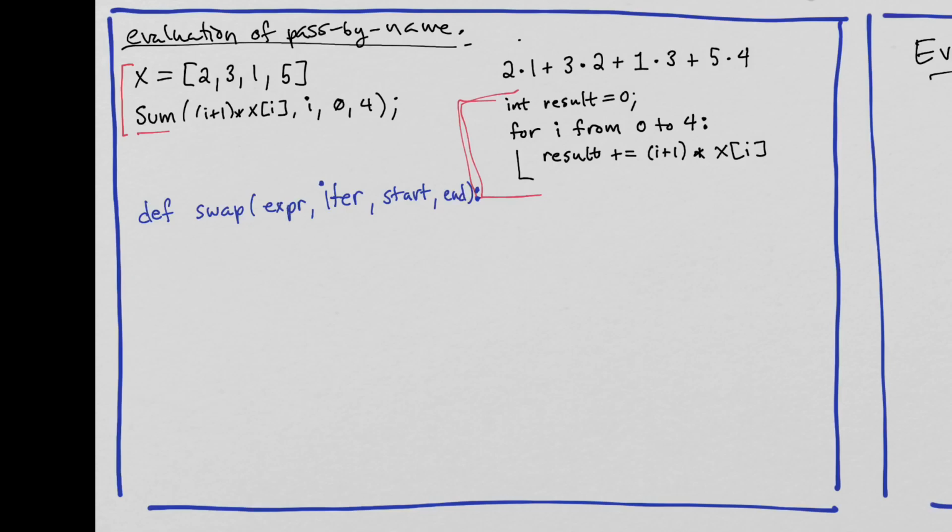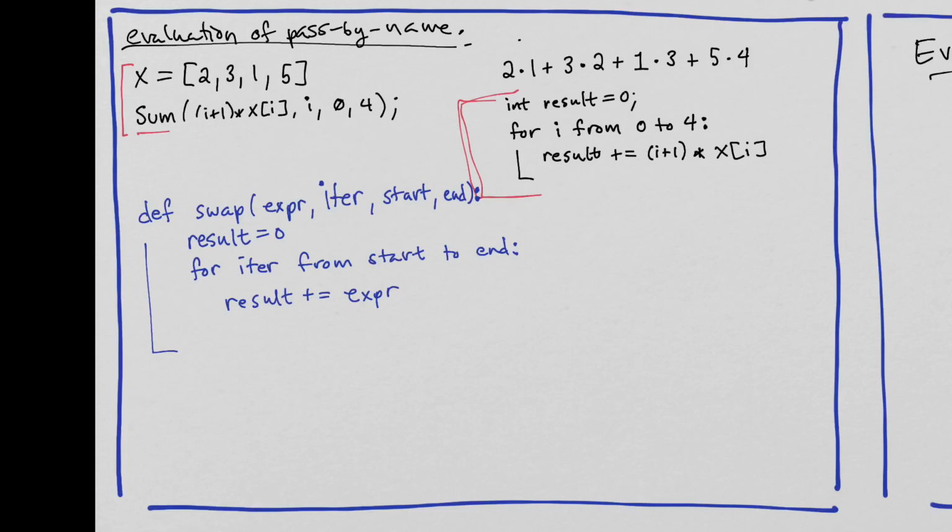It needs to initialize a new variable result to 0, and then it's going to say for iter from start to end, result plus equals whatever the expression is. And so that is my entire code.